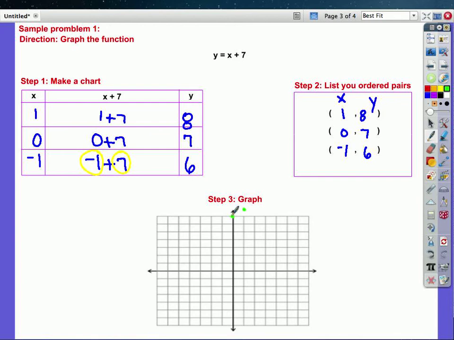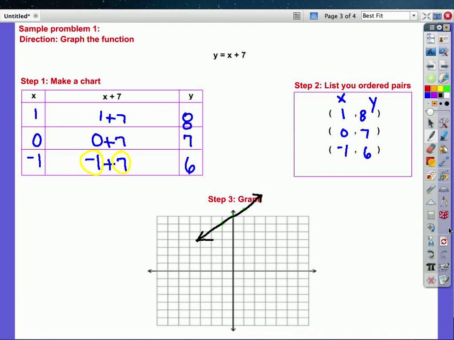And our final one is negative 1 and 6. That's it. And you will draw your line connecting your dots and make sure you put your arrows on the end. Now my line may not be straight, so just bear with me. And that is it. That's all you have to do for your homework.